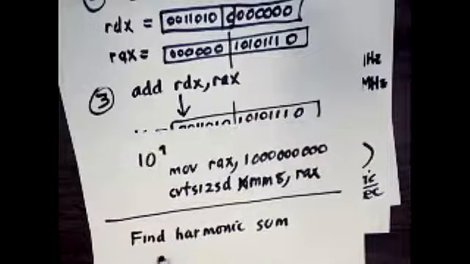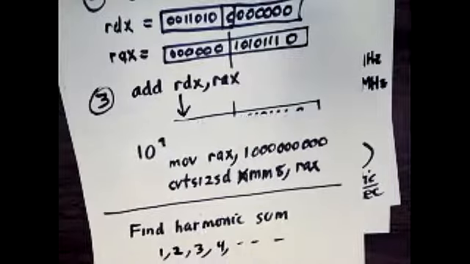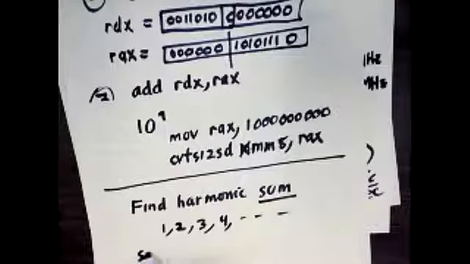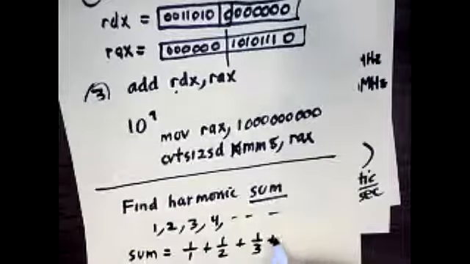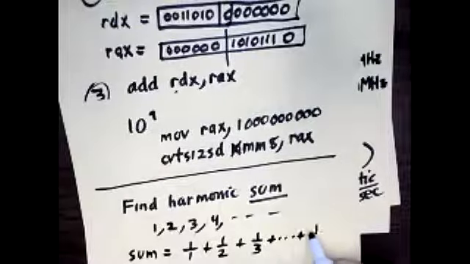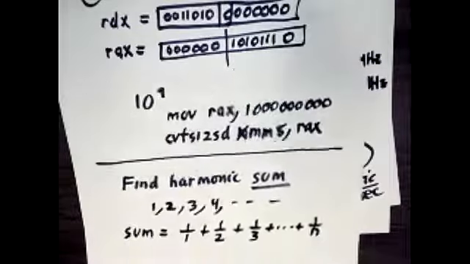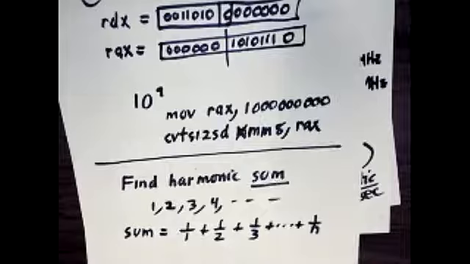So if you took all the ordinary integers, 1, 2, 3, 4, etc., and you turn them upside down, you use their reciprocals and you sum them all together, you have a harmonic sum. Okay, that's a harmonic sum.